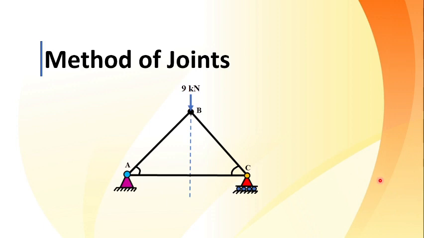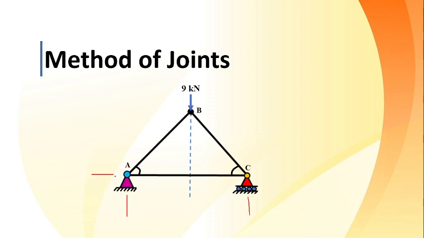Now we have understood it is a perfect truss. Second thing we have to understand is what are the different supports provided here. At A there is a hinge support and at C there is a roller support. If I consider the whole truss, two reactions here and one reaction here. So overall there are three reactions.